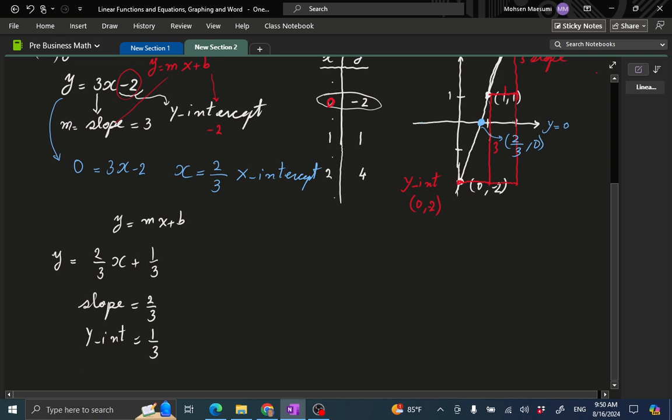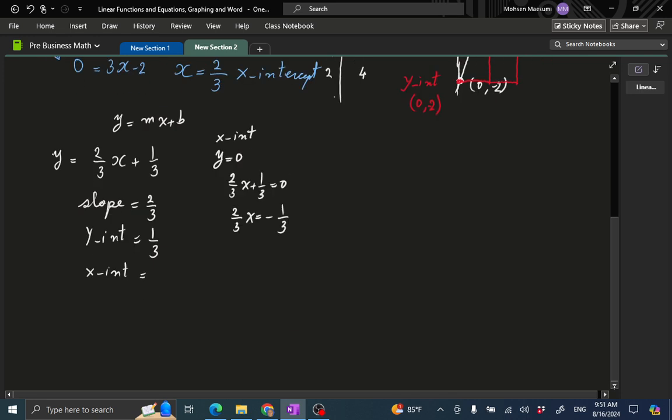And then if you want to find the x-intercept, the idea of x-intercept is that y is equal to 0. If y is equal to 0, therefore 2/3 of x plus 1/3 has to be 0. So that means 2/3 of x is going to be equal to minus 1/3. So when something goes from one side to the other side, if it is added, then subtract it from the other side, or just do as you do in high school, which is subtract 1/3 from both sides.